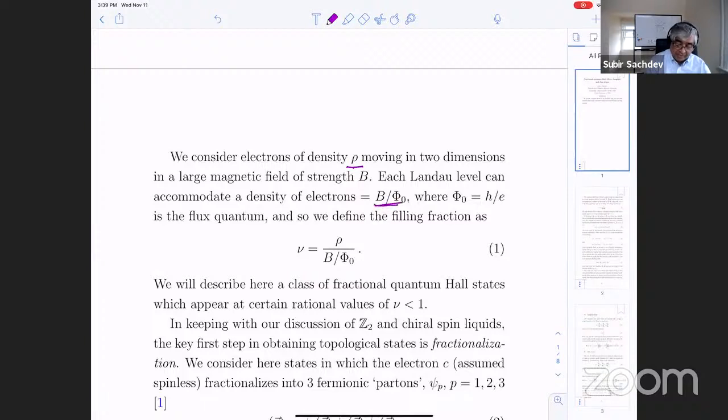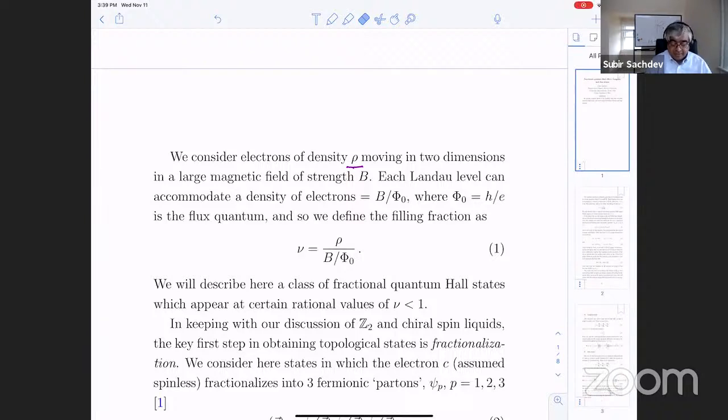So that's the fully filled Landau level, where phi naught is the flux quantum, excuse me. So if the Landau level is partially filled, then you get a filling fraction, which is defined by the ratio of the density of electrons to the magnetic field.